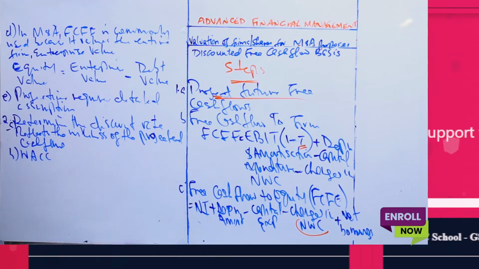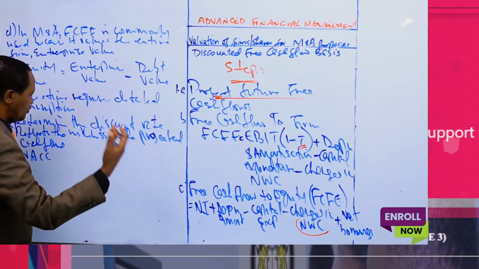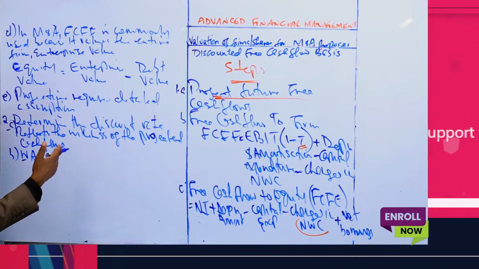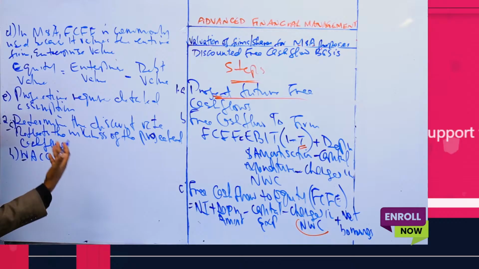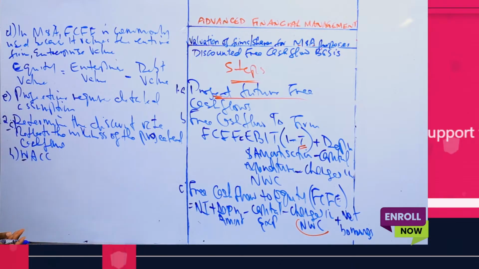It represents the average cost of all the company's capital, both debt capital and equity capital, with weights.